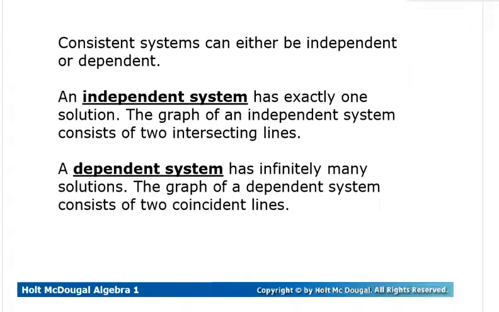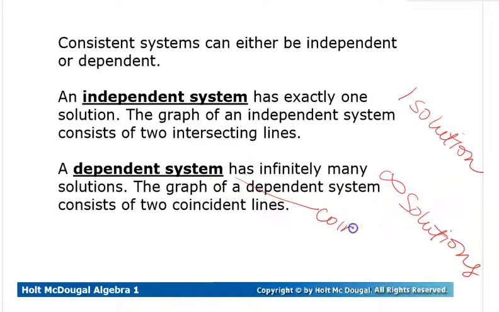Okay, some more terms. So within the consistent systems, and you just remember that consistent means there's at least one solution, they can either be independent or dependent. So independent is what we've been doing before. It has one solution. Dependent system has infinite solutions. And the dependent system has to do with the coinciding lines.